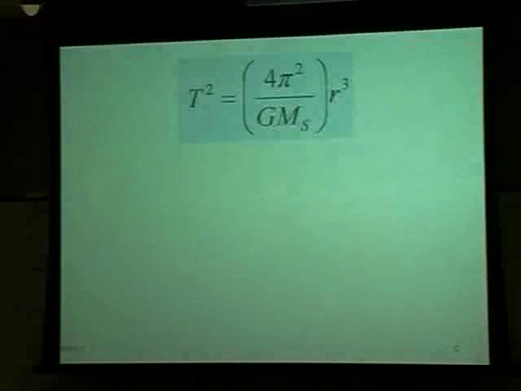With a little bit of rearranging, I get this: the period of time it takes for the planet to go around the sun, squared, is equal to whatever's in parentheses there times the radius of that orbit cubed. And whatever's in parentheses is 4 pi squared over our G constant times the mass of the sun.